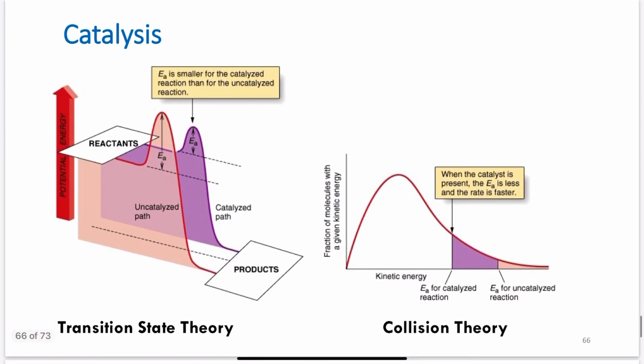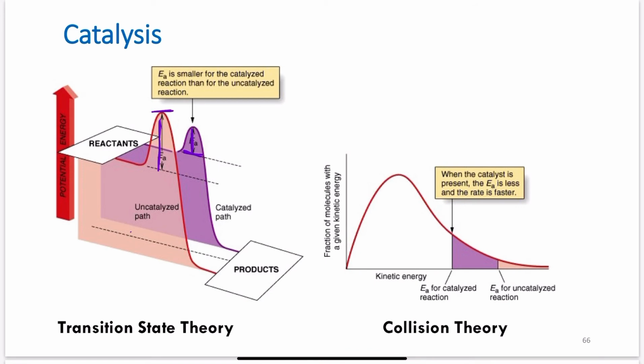So as we see here, if we were looking at a catalyzed versus uncatalyzed path versus potential energy, you've got your reactants and they're starting at the exact same point. Products, same point. When I look at the uncatalyzed pathway, I see the energy required to overcome activation energy is here. This is a large difference. For my catalyst, it's a much smaller difference.